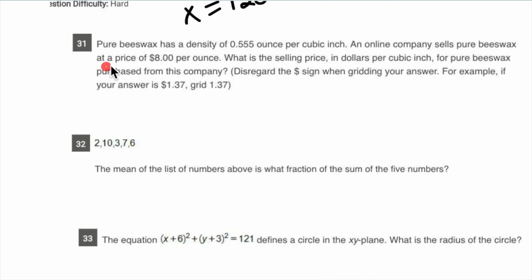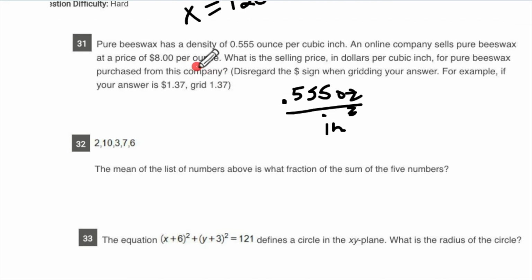Not easy, but easier. Pure beeswax has a density of 0.555 ounce per cubic inch. So the density is 0.555 ounce per inches cubed. An online company sells pure beeswax at a price of $8 per ounce. What is the selling price in dollars per cubic inch for pure beeswax purchased from this company? And disregard the dollar sign.